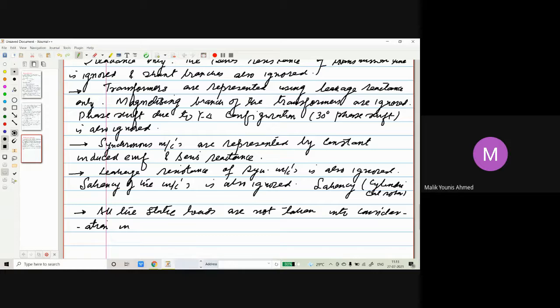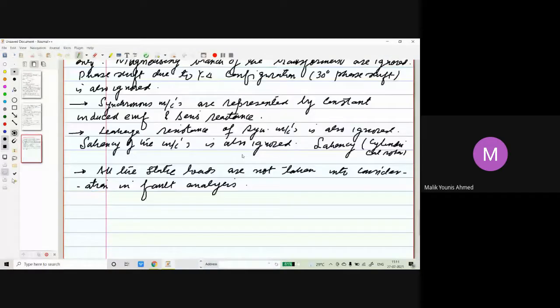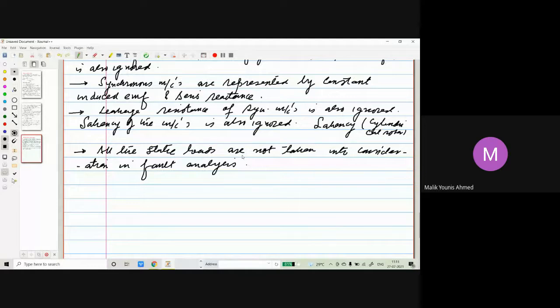We don't consider them while we are modeling. Any kind of pre-fault loading is ignored. We don't worry about the pre-fault conditions also.